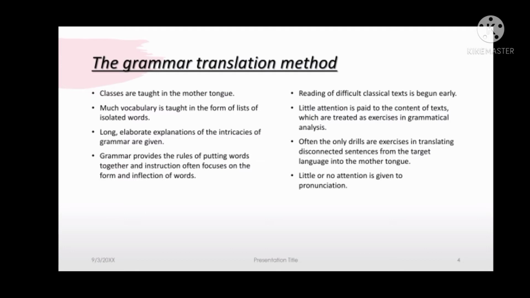And little attention is paid to the content of texts, which are treated as exercises in grammatical analysis. Often the only drills are exercises in translating disconnected sentences from the target language into the mother tongue. And the last one is little or no attention is given to pronunciation.